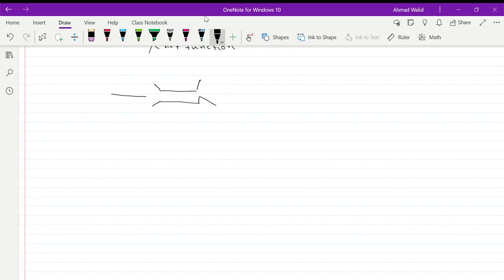Think this is your calculator. When you enter a value into your calculator, for example, 4, and you press the square root button, you get an answer 2. Is it right or wrong? Correct? When you enter a value, we call it input.